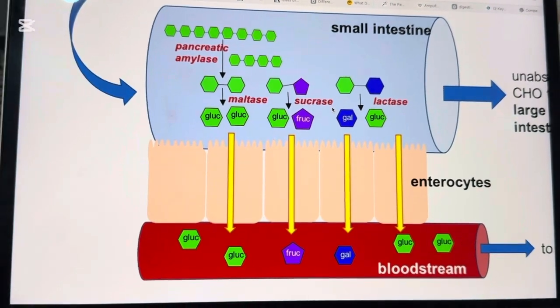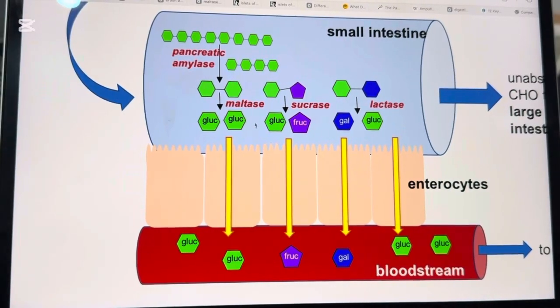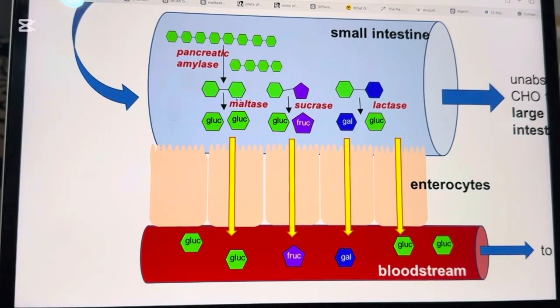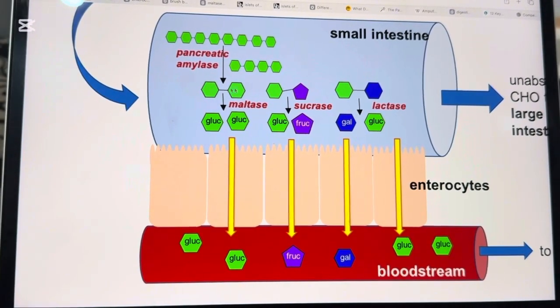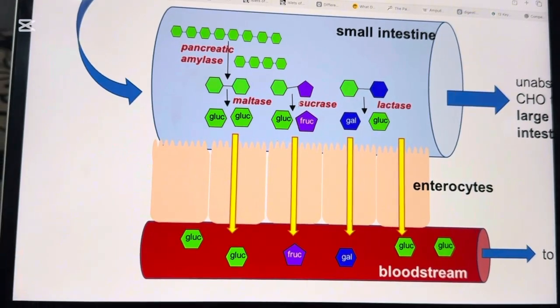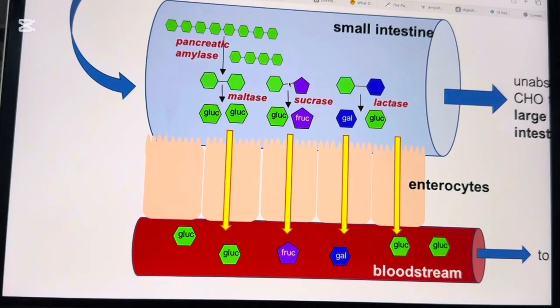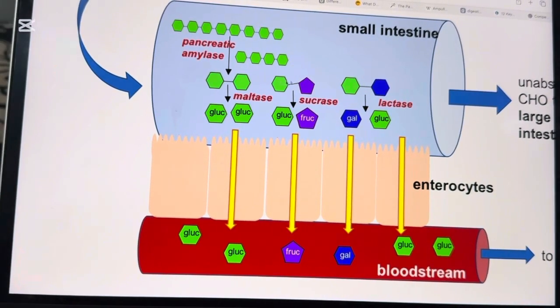We are now in, let's say, the jejunum, and in the jejunum these disaccharidases will act on their respective substrates. Maltase will digest maltose into glucose and glucose. Sucrase will digest sucrose into glucose and fructose. The bond is broken here. So sucrose is made up of 2 different units, that is glucose and fructose.